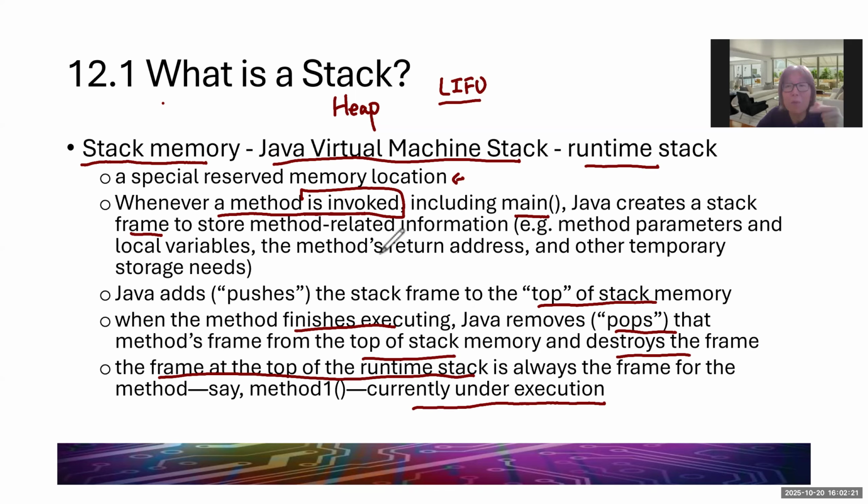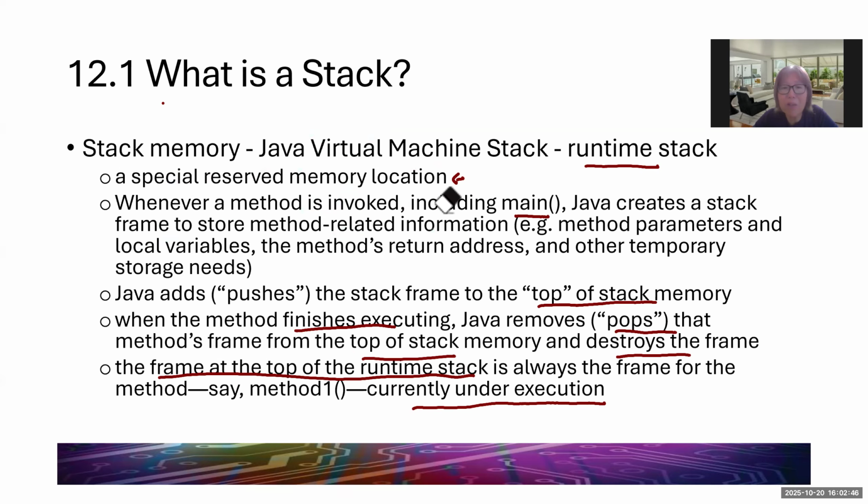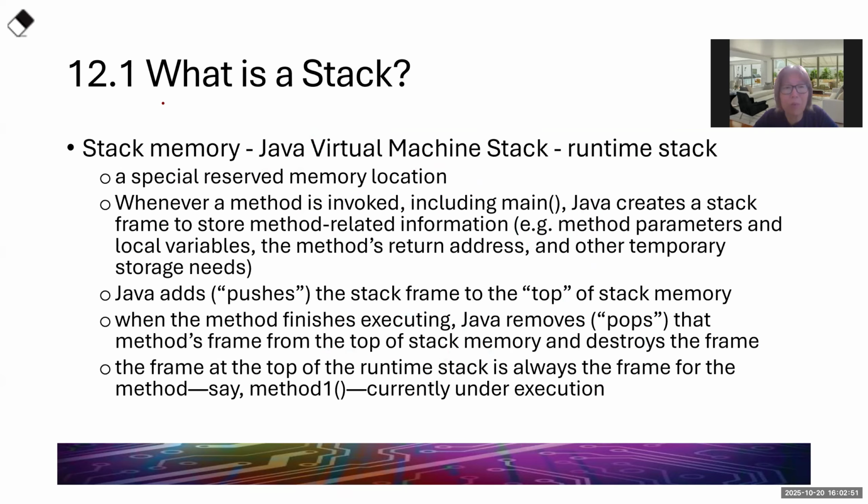Whichever method is being executed in an application, its frame is at the top of the runtime stack. So we can see that the stack has applications even in the operating system; we use the stack concept.